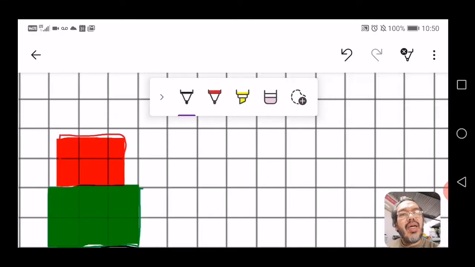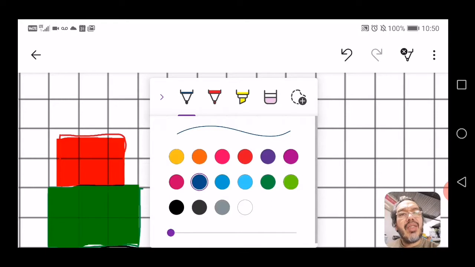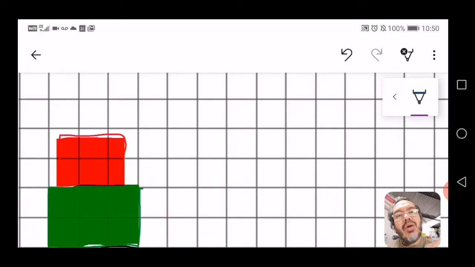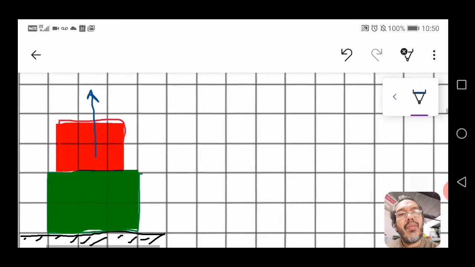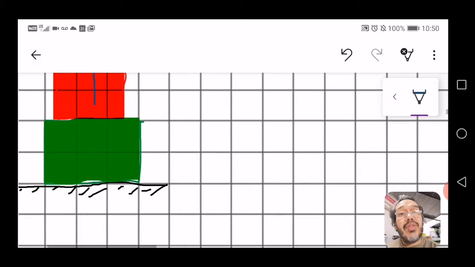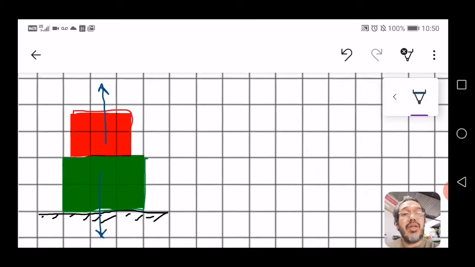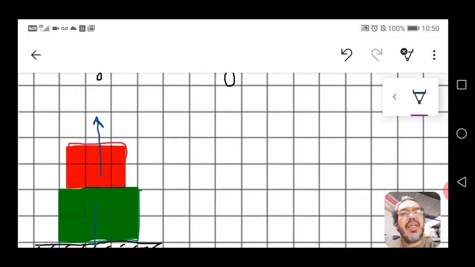So if you look at it from a perspective of vectors, what you will see is that this is an interaction caused on the red block like this. Now you know from third law that there is a corresponding interaction on the 7 kilogram block, but we're not discussing that yet.